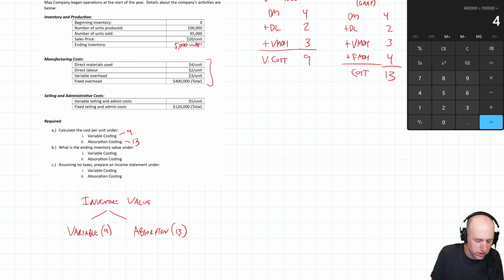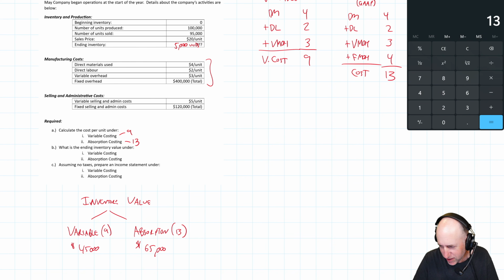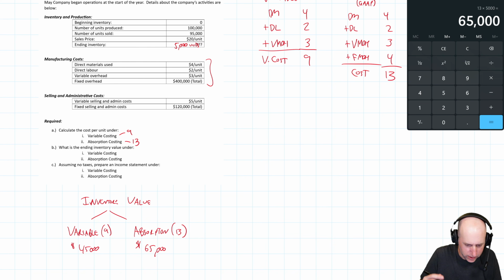So we have 5,000 units left over. 9 times 5,000 is $45,000. And under absorption, 13 times 5,000 would be $65,000. Let me make sure on that number. 13 times 5. Yeah, it's 65. I got insecure there. I hate to calculate a number wrong, but there you go. So under variable costing, my ending inventory is worth $45,000, and under absorption, $65,000. That's going to be relevant in a minute.